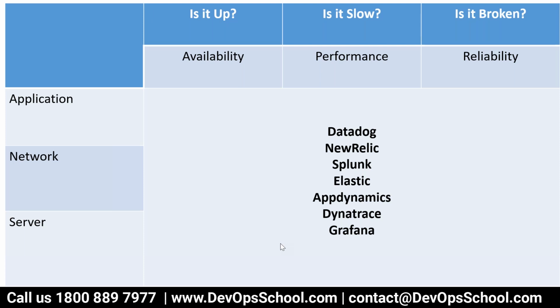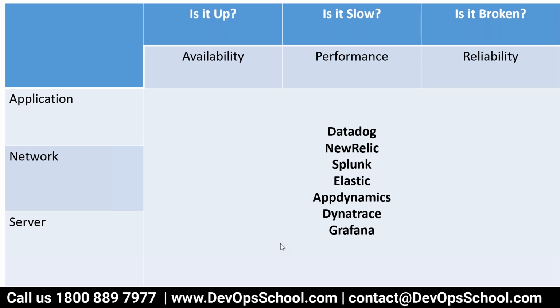Datadog is one of the market leaders. New Relic we have, Splunk we have, Elastic we have. So Datadog top? It's not top. I would say all are popular today. So Datadog is one of them: New Relic, Splunk, Elastic, AppDynamics, Dynatrace, and Grafana.